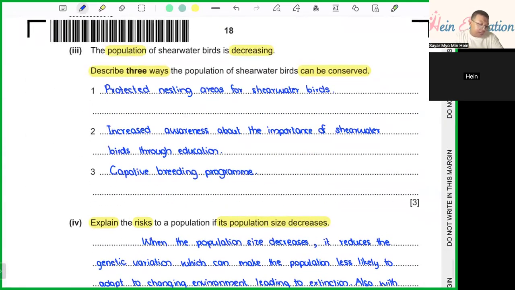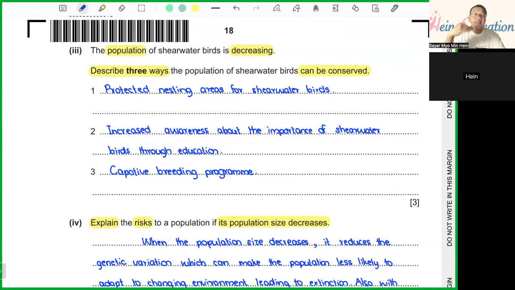And we have to describe three ways that the population of shearwater birds can be conserved. So it's a conservation program. The first thing that came to my mind is to protect the nesting site or nesting area for those birds, where they can survive freely without any hunting or pollution. So that would be a protected nesting area.